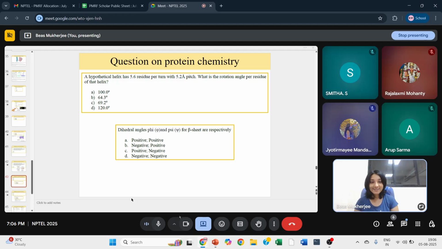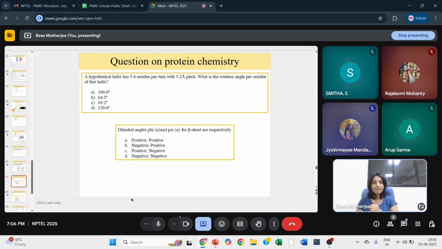So how do you find that out? So this is something very interesting. So I'll tell you how to solve it. For example, if I give you an example, see, there is something called a helical wheel. So what happens there is, let's say that this alpha helix is made up of 3.6 residues per turn, right?